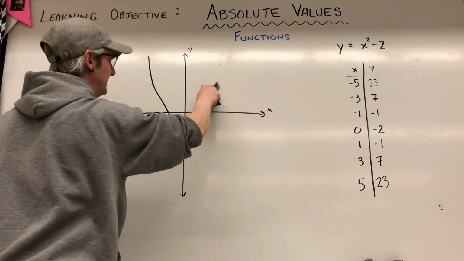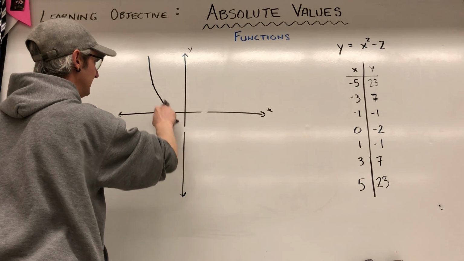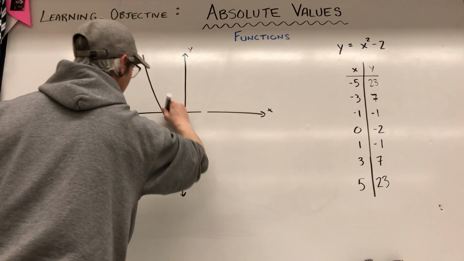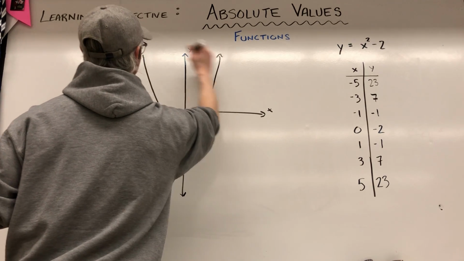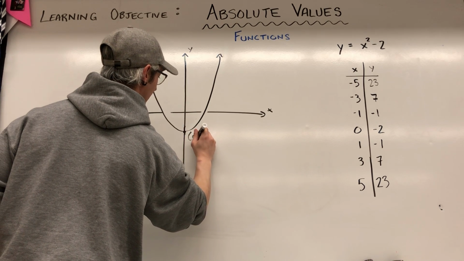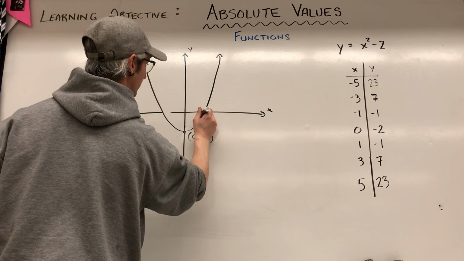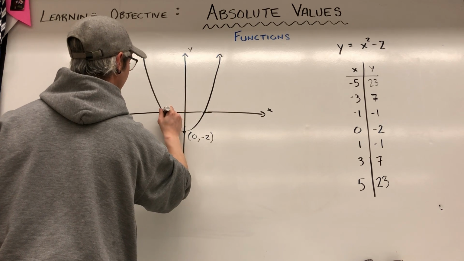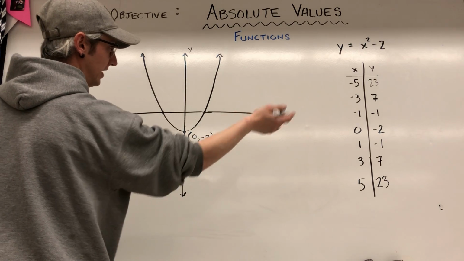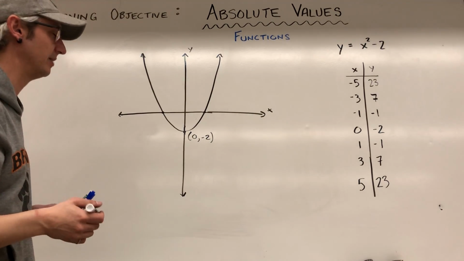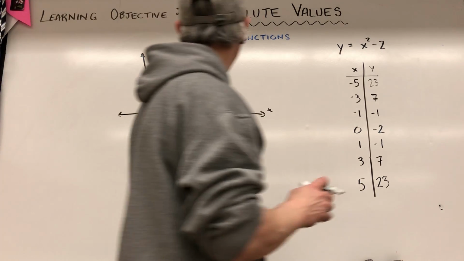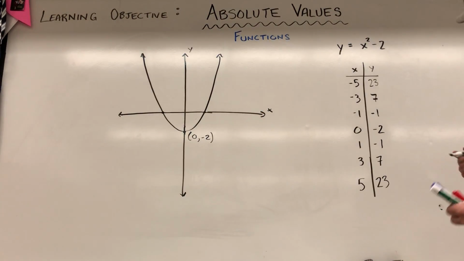I'm embarrassed. Oh, that was massively terrible. So the graph would look something like this, okay? I know that my bottom occurs at x is 0, y is negative 2, and I cross the x-axis when y is equal to 0, which I'd have to plug in to figure out the x-intercepts. That's not why I'm here. So, this is what the original graph would look like, right?